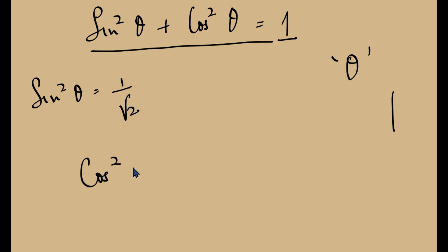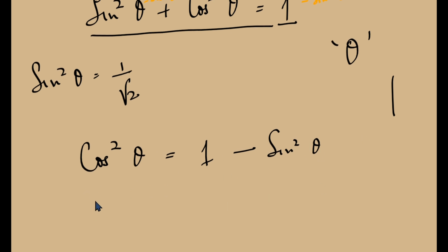Cos squared theta would be equal to 1 minus sine squared theta. We've just rearranged the equation. We have subtracted sine squared theta from both sides, right? Rearranging the equation, you can solve the problem. Cos squared theta would be equal to 1 minus 1 by root 2 the whole square.